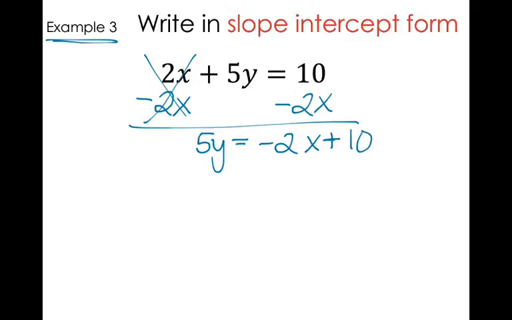Now, the second step that we hadn't done yet was to divide each term by the coefficient of y. If it was 5y equals 10, I would divide each side by 5, right? Same process happens here even though we've got x's and y's, except I have to divide every single term by 5.